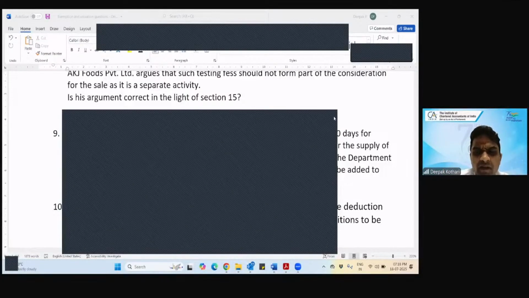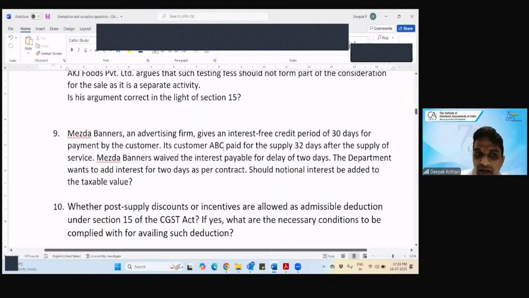Okay, so most of you are saying that it should not be added, and a few are saying that it should be added. Let us see what is the correct answer.